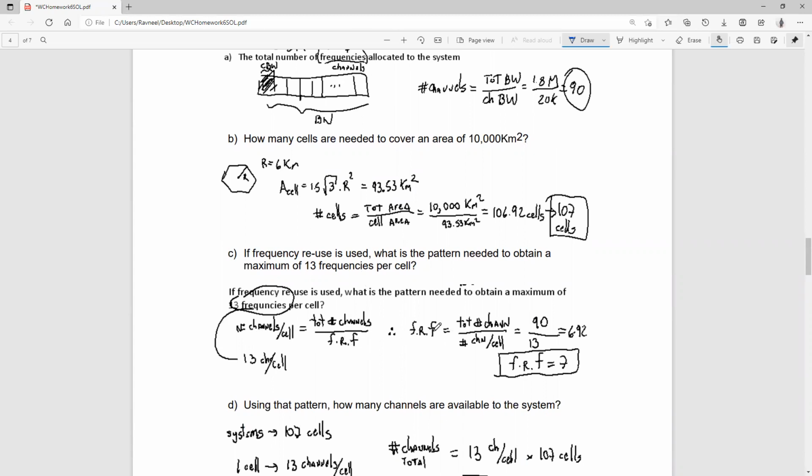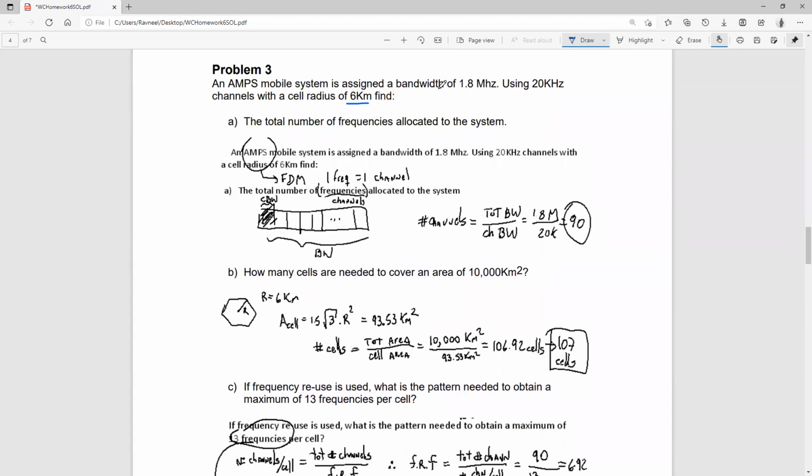So 90 channels are there, and each particular cell can handle 13 frequencies. So that is basically 90 divided by 13. So the frequency reuse factor will be basically 6.92. So we'll need a total of 7 cells in a frequency reuse network to cover the same amount of bandwidth, right?